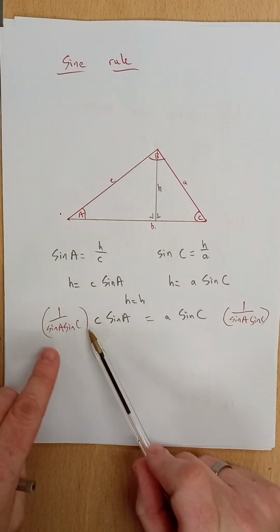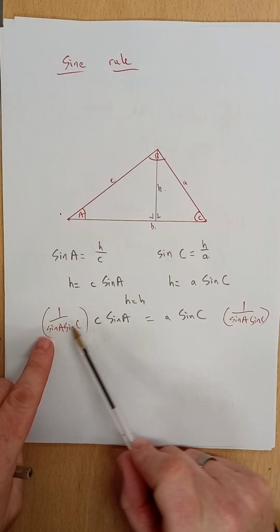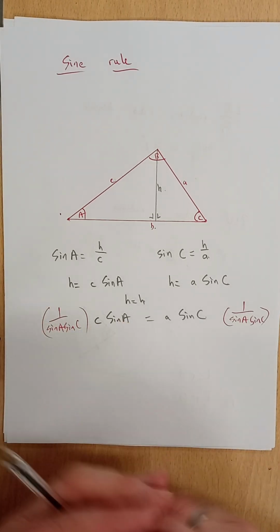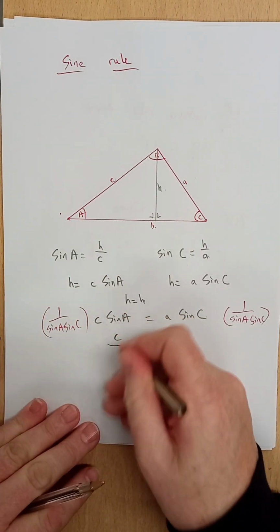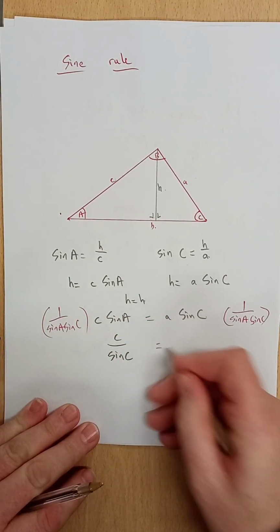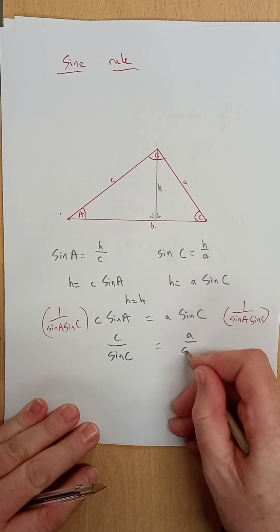When I do that, the sine A cancels on this side and I'm left with C over the sine of C. On the other side, I'm left with A over the sine of A.